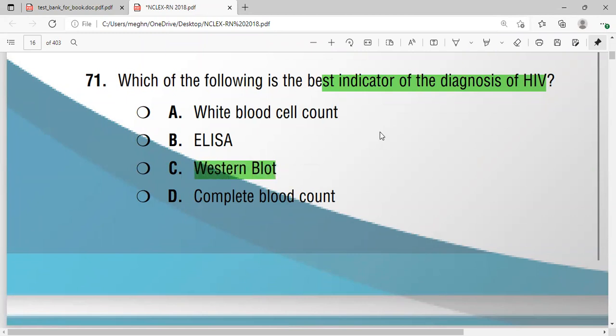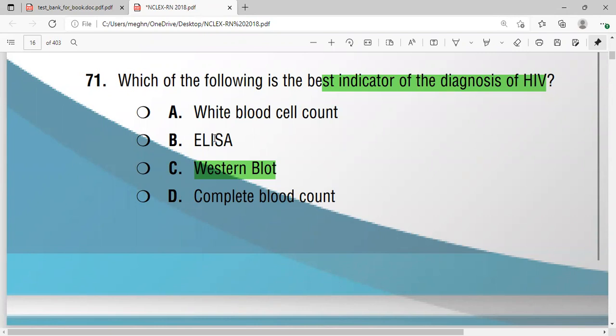Let me recap it, and you should keep it in mind. The indicator for diagnosis of HIV, the test is called Western blot. The white blood cell count, answer A, is not the best indicator, but a white blood cell count of less than 3,500 requires investigation, though it is not the best indicator.